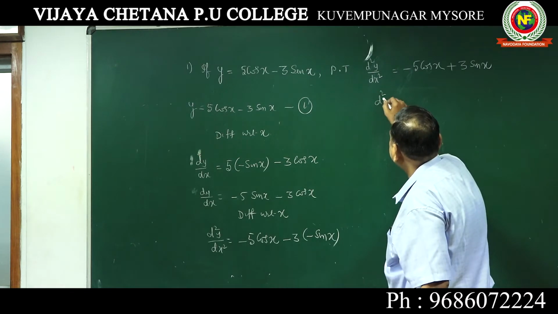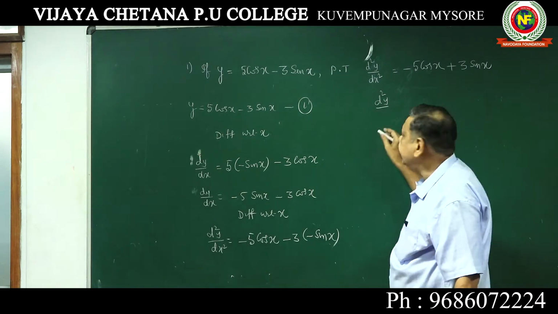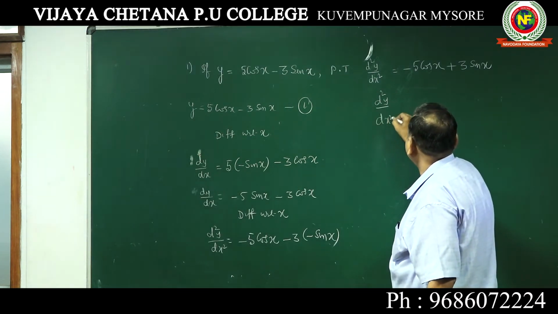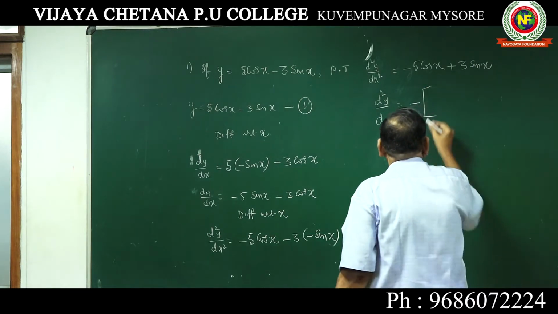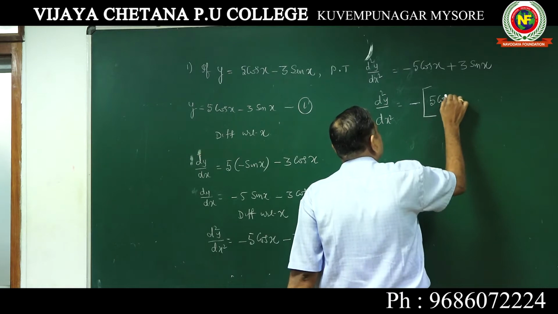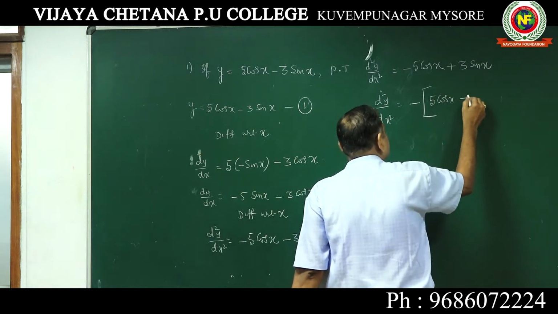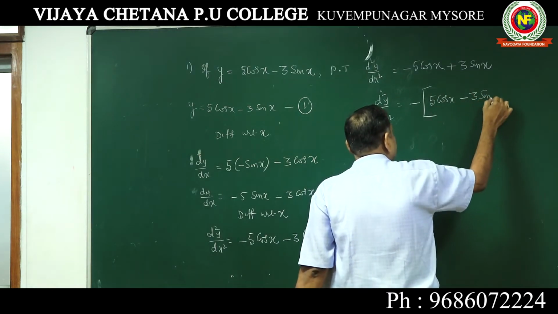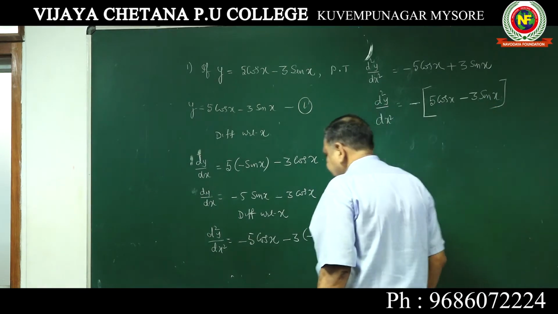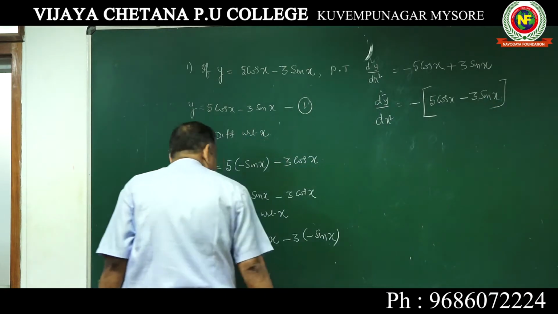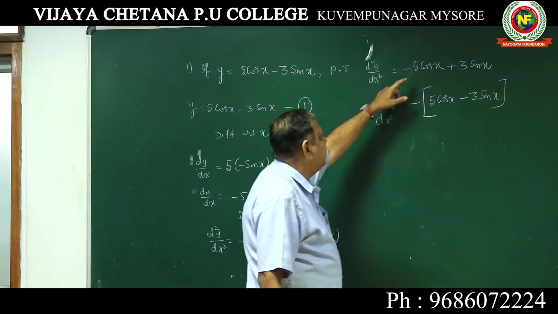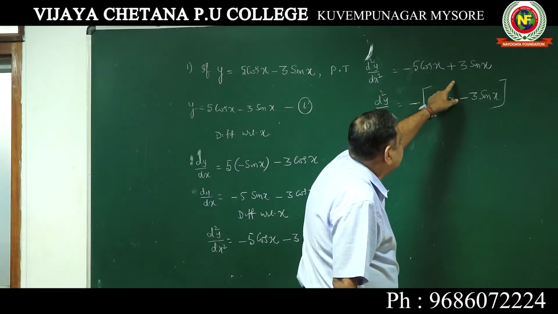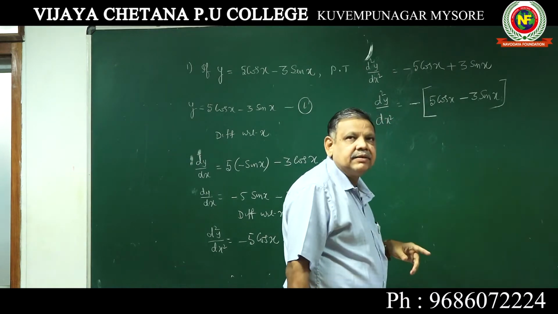Or we can remove the minus outside, so it becomes 5 cos x, and plus inside becomes minus 3 sin x. What I have done is I have just removed the minus sign outside, so it becomes minus of 5 cos x minus 3 sin x.